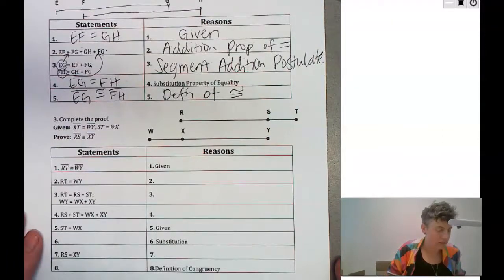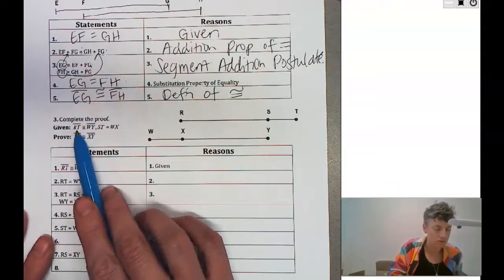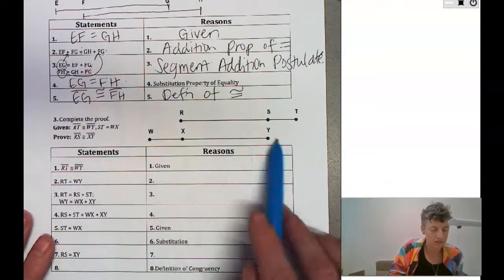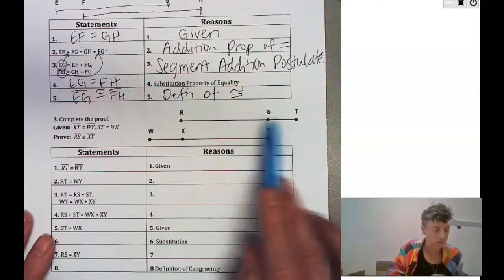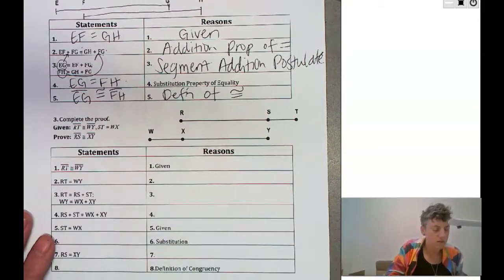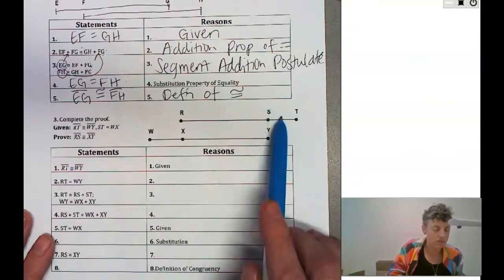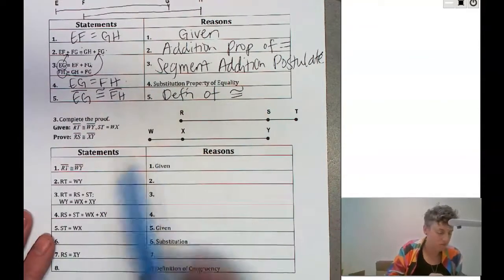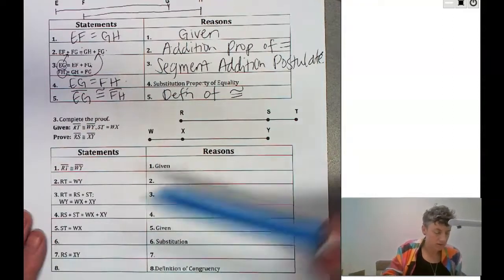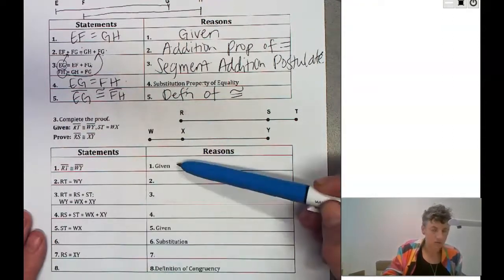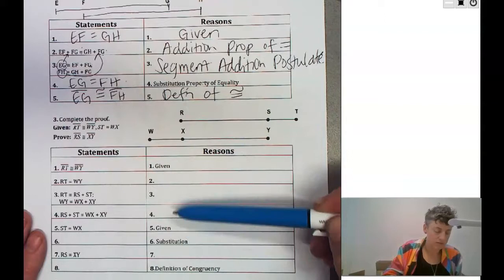Complete the proof. We are given that RT is congruent to WY, so these big segments are congruent to each other. We are also given that ST is equal to WX. They have the same measure. So we have 2 givens that are written for us in here.